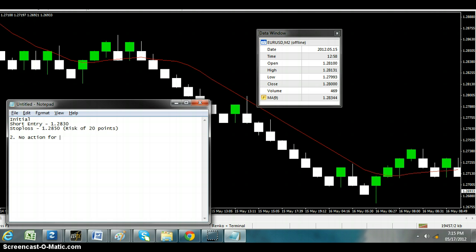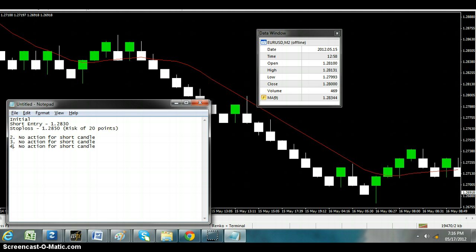So step 2, no action for the short candle. Step 3, again no action for the short candle.